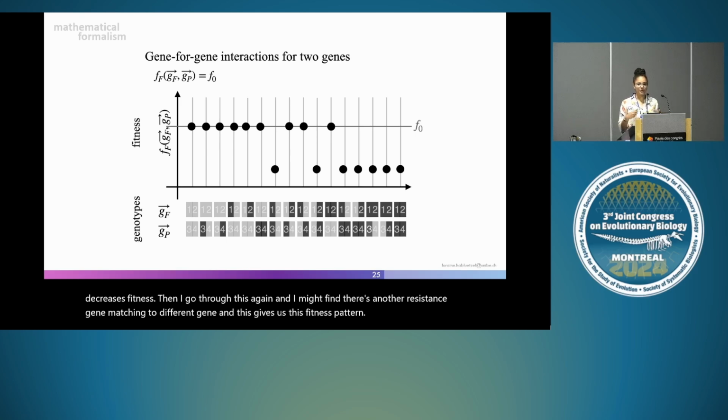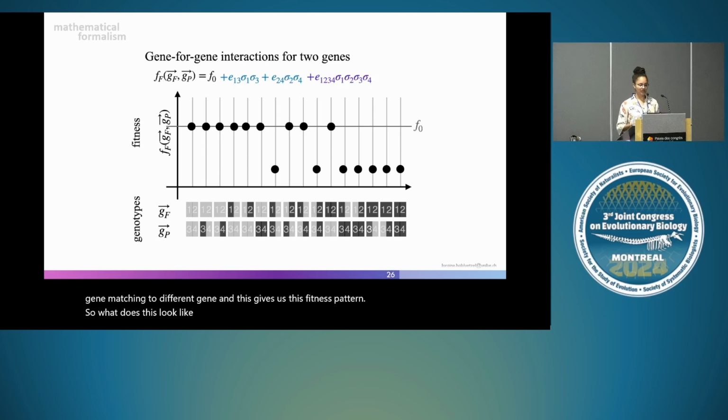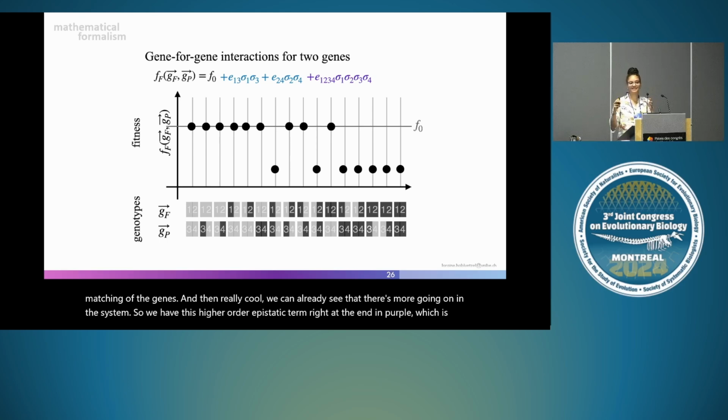So what does this look like mathematically? Using all of these terms that I explained to you previously. The blue terms are pairwise epistatic interactions. These are the ones that confer the matching of the genes. And then really cool, we can already see that there's more going on in the system. So we have this higher-order epistatic term right at the end in purple, which is basically the masking effect of multiple resistance genes.